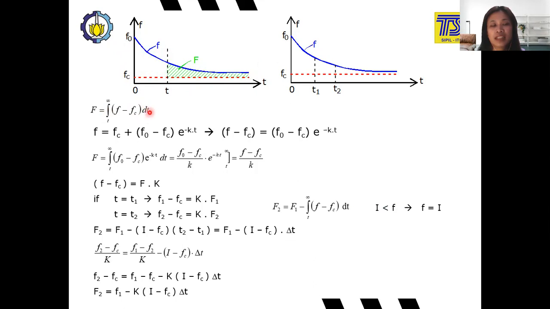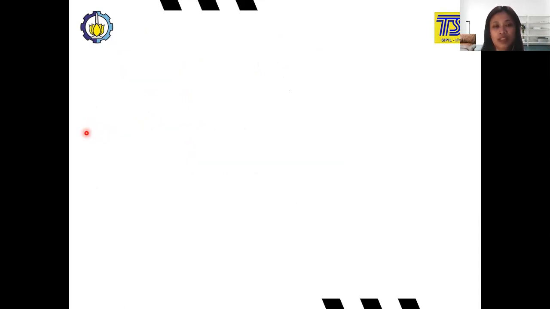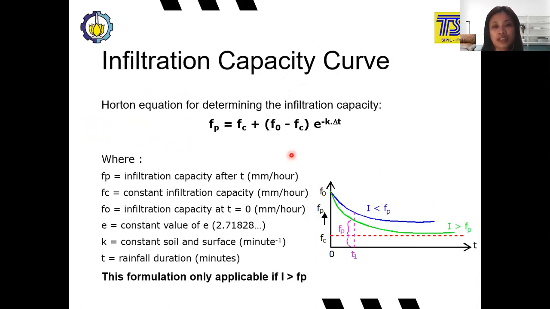And then the integral of f minus fc times dt. We calculate f first using the original Horton equation, f equals fc plus the exponential term, the same as the previous equation, which is written here.